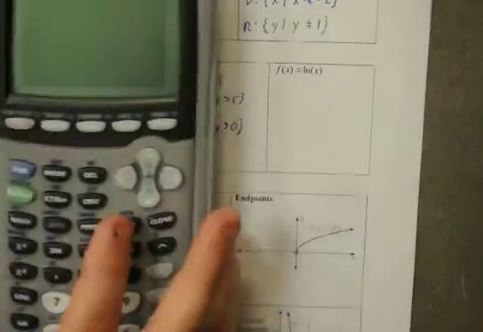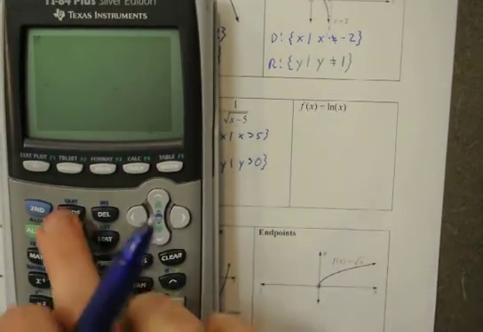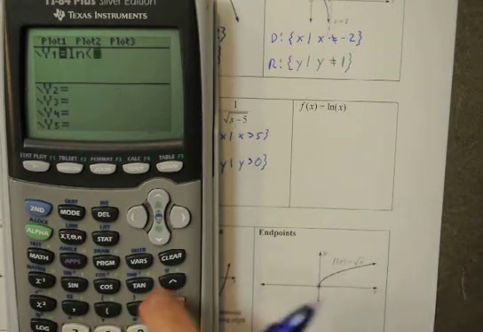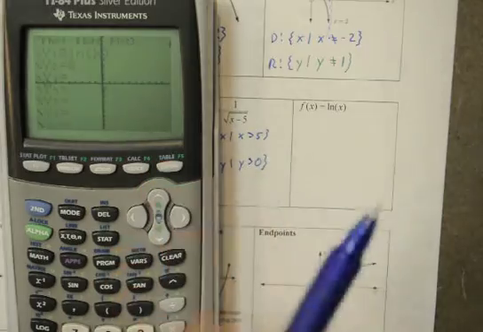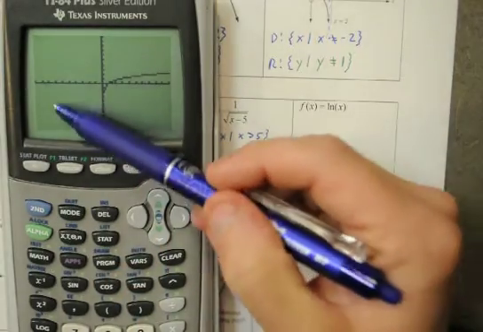And let's just look at our old friend, the natural log. Hopefully you remember what that looks like. So the natural log of x is right there. There it is. And you can see that it doesn't cross 0. There's no negatives.